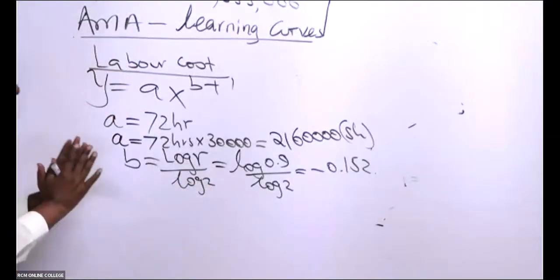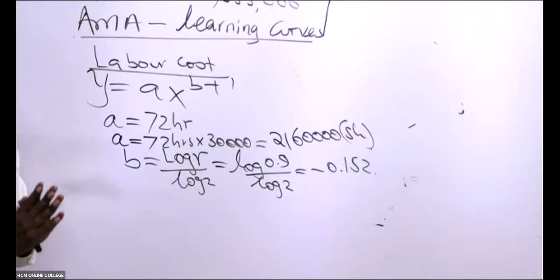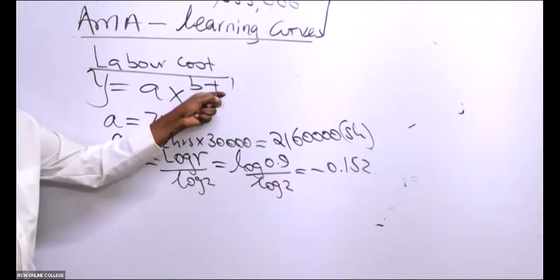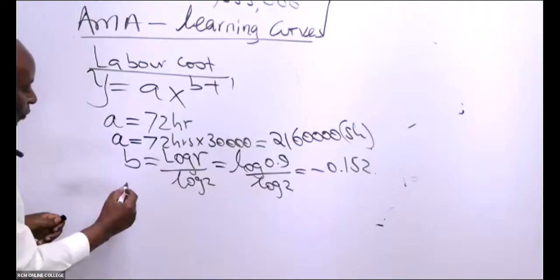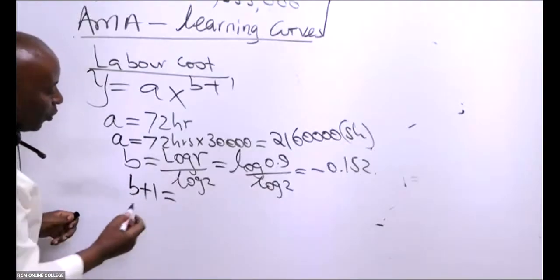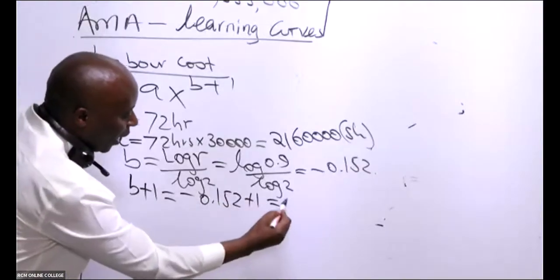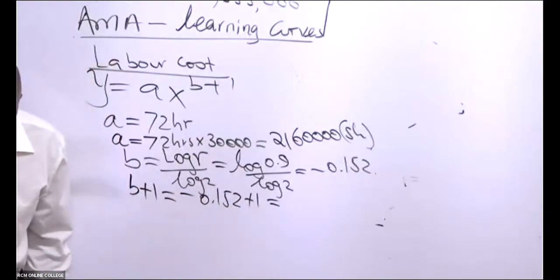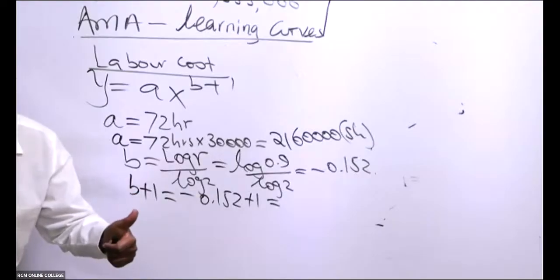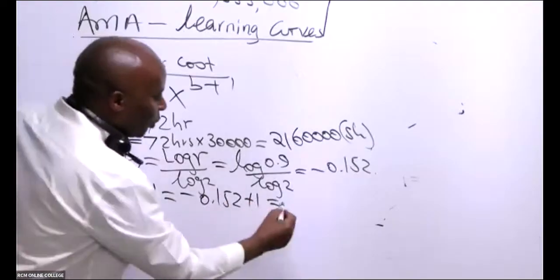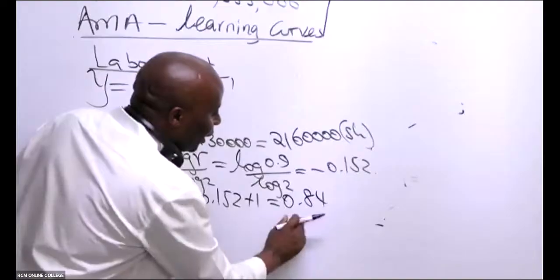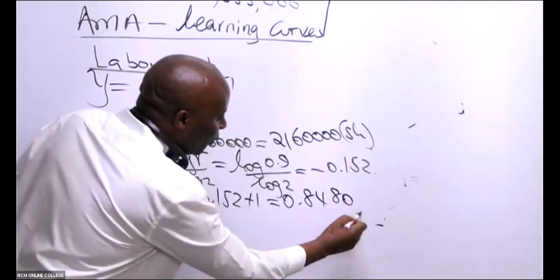So now I've been able to get the value of B. Having gotten the value of B, I want the exponent B plus 1. So you come and give us B plus 1, which in this case here will be minus 0.152 plus 1, which will end up giving me what figure? 0.848, isn't it?